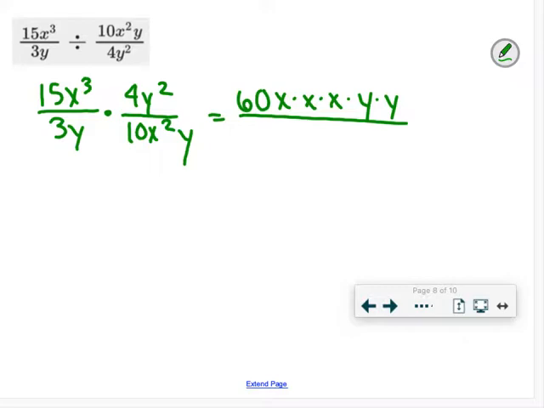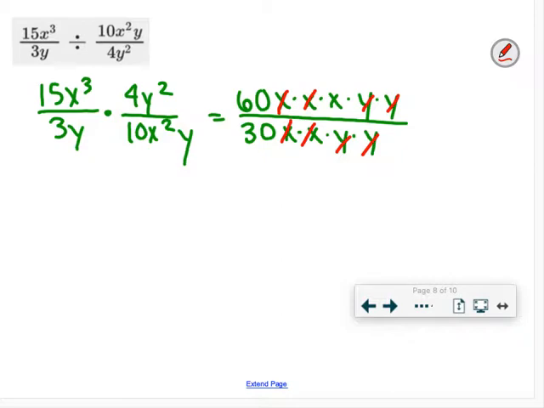Over in my denominator, because we can always multiply our coefficients together. 3 times 10 is 30. I have x squared, which is 2 x's, y times y. So what is going to be able to cancel out here? The x's. I have a y in my numerator, y in my denominator, another y in my numerator, another y in my denominator.